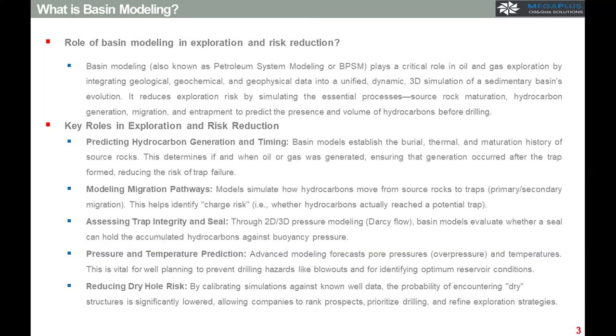If there is no migration pathway from your model reaching your prospect polygon in the exploration phase, we can use it as the last prospect we drill, or we can neglect it altogether. So basin modeling from 2D to 3D is very important and essential for your economic decision, especially in the exploration phase.